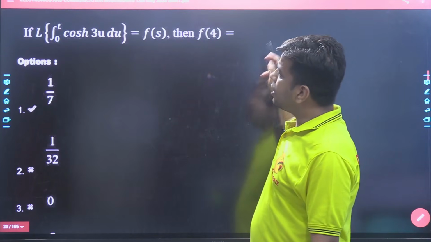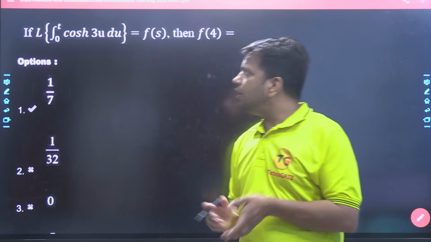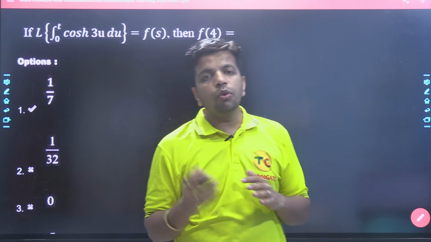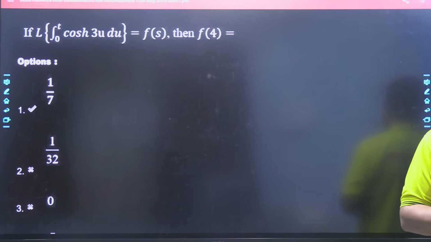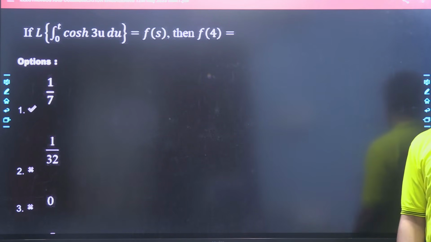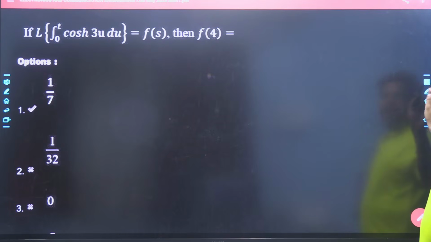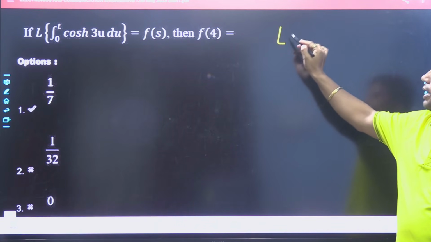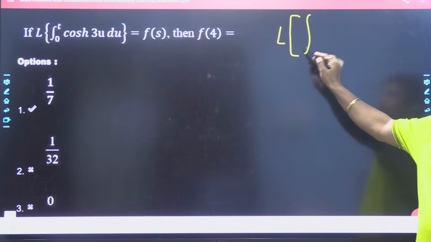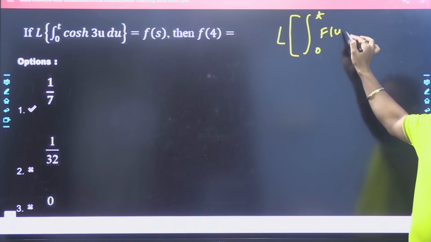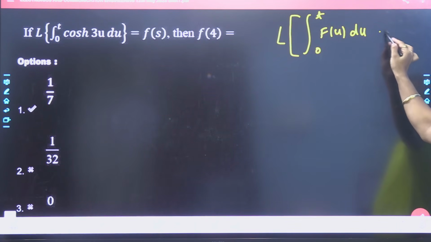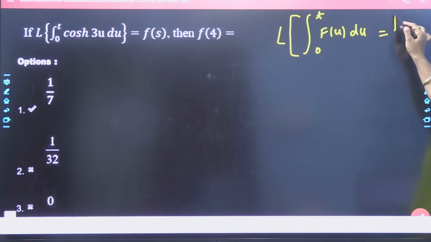The next question is, you need to find the Laplace of the integration from 0 to t of cos h 3u du, which is equal to F(s). So we need to find the value of F(4). Let's see. If we are taking the Laplace of an integration, just remember one identity: the Laplace of the integral from 0 to t of f(u) du is equal to F(s) by s.